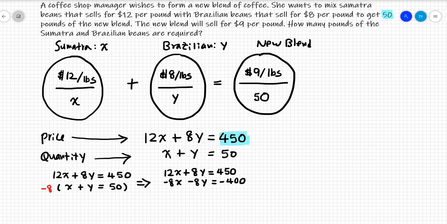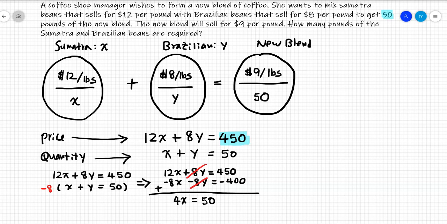Okay, so now if I add these two, you can see that y they are canceling out. So 12x minus 8x, I get 4x, right? And then I have 450 minus 400, which is 50.